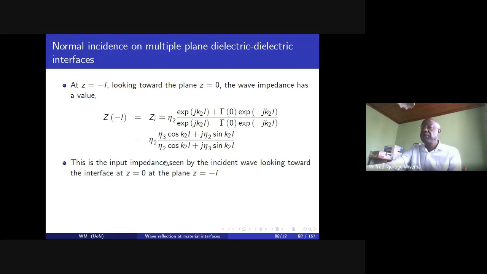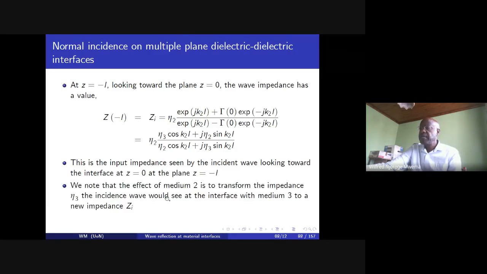Now, this would be the input impedance that would be seen by the incident wave looking towards the interface at z equal to 0 if medium 1 was not present, that is, at the plane z equal to minus L. That is what would be seen.